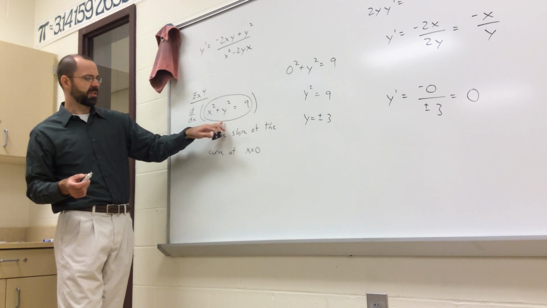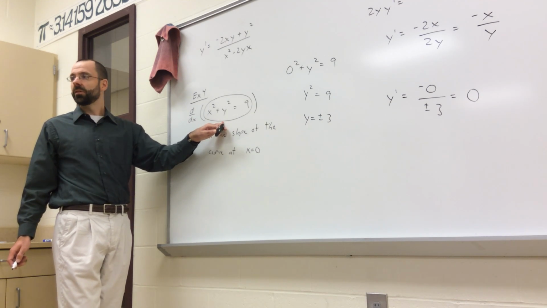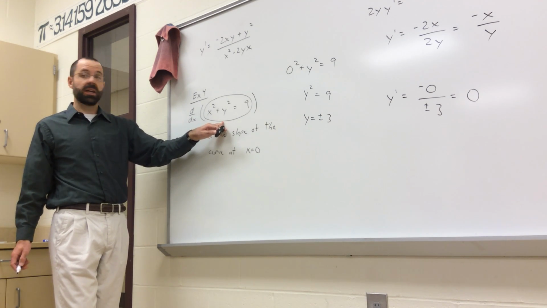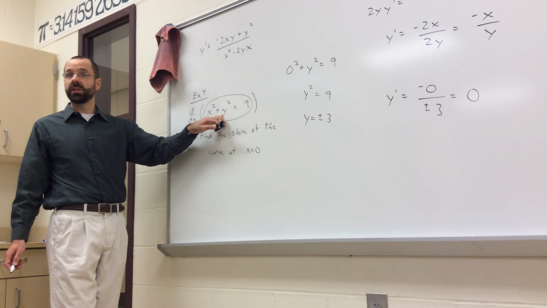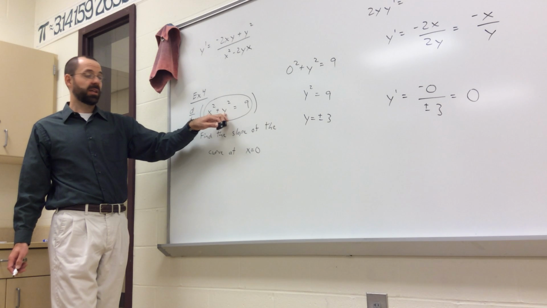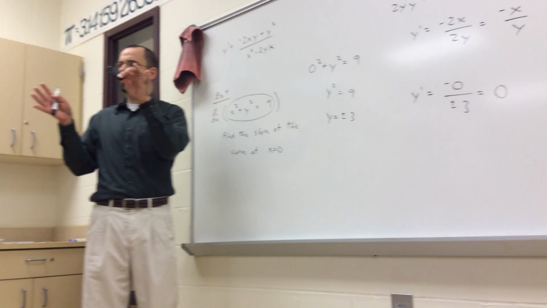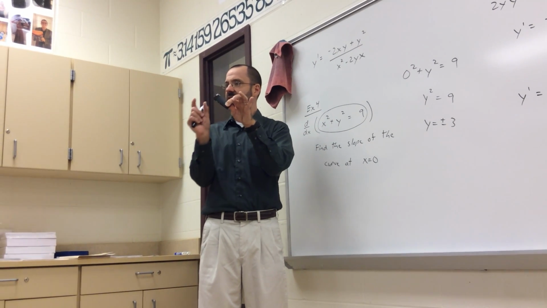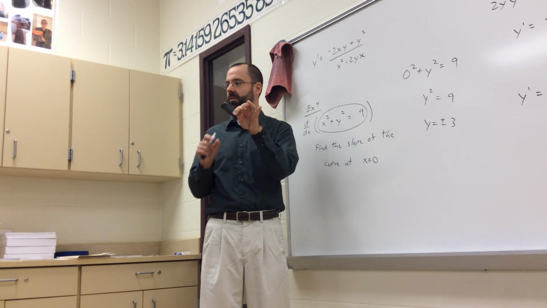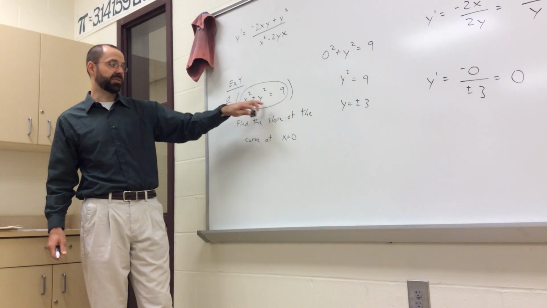Okay, how about this original formula? Does anybody know what kind of graph that is? It's a circle, and the center is 0, 0, because nothing's being subtracted from x, and nothing's being subtracted from y. Like if it said x minus 3 squared, then the center would be 3 comma something. But since it says x minus nothing, it's 0, 0.